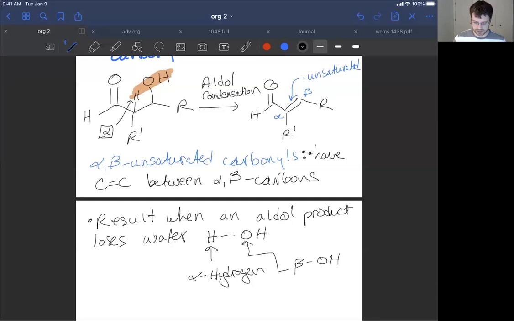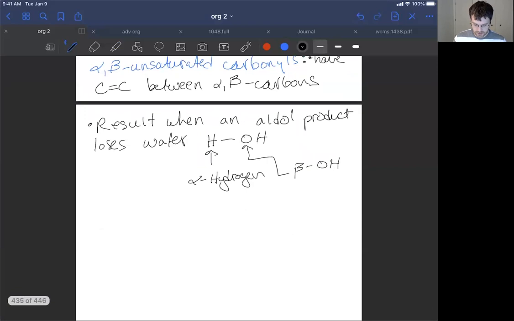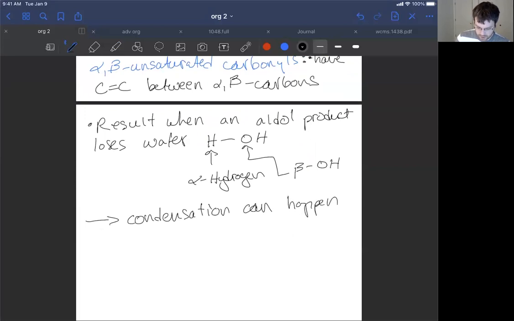I've tried to give you some hints. Here's kind of the issue with the aldol condensation reaction: the condensation can happen with heat, base, or acid.